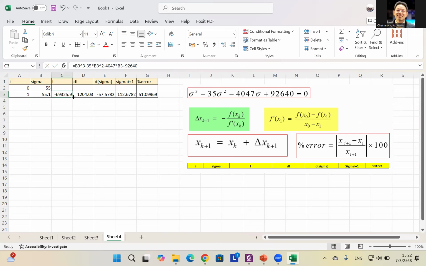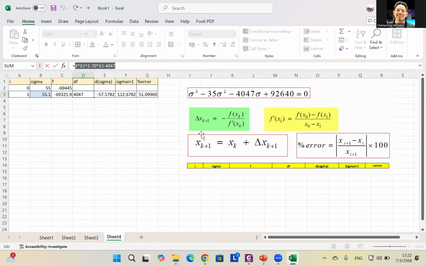And for f(x), it is the same. But we change f here to be what? We will not use the first derivative that we derived. We use the approximate function. We use this formula instead.